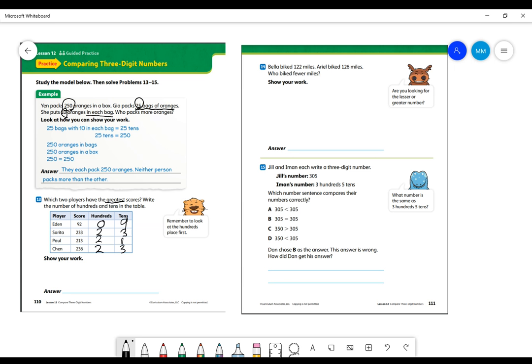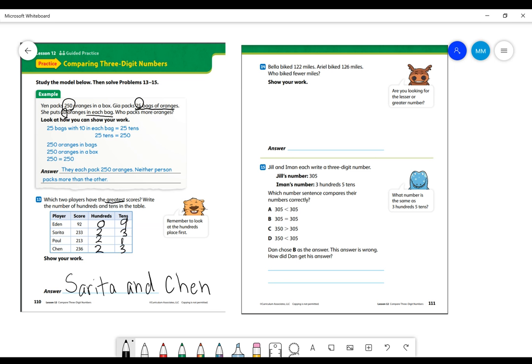So looking at our players, Rita, Paul, and Chen had the same digit in the hundreds place. But in the tens place, Rita had 3 tens and Chen had 3 tens. So Rita and Chen, they both had the greatest scores.